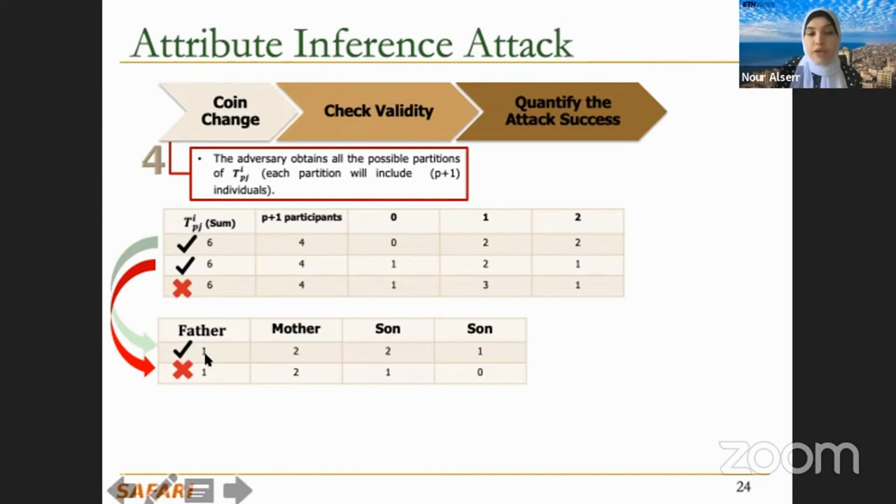For example, if the father and mother have 1 and 2, then going directly to Mendel's law, it's impossible to have the value 0.